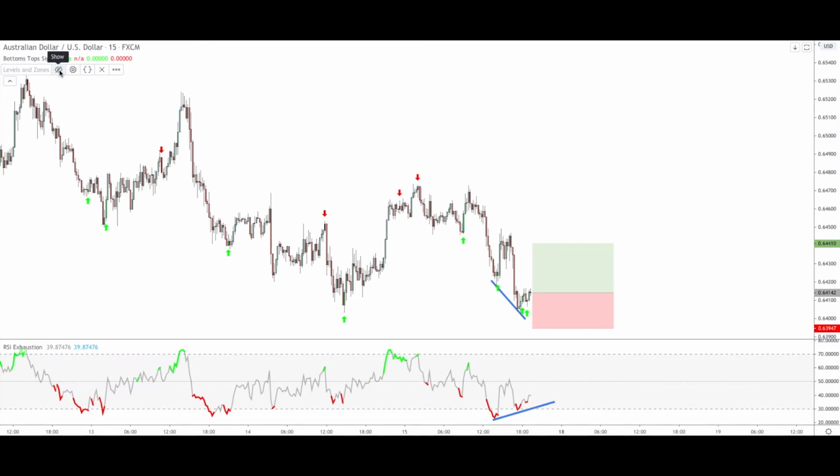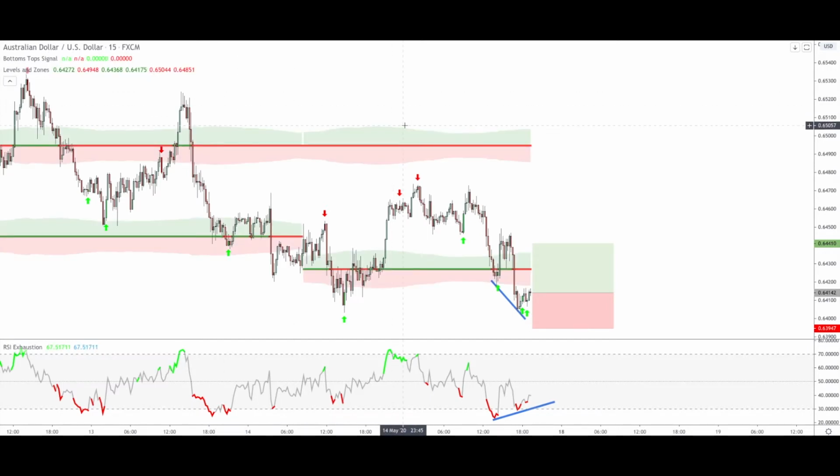Today I'm using the levels and zones. The levels and zones basically give us an indication of where the most significant levels and the buy-sell zones are. So essentially what it's saying is that right now it's colored red, so it's resistance, but essentially it's a support.